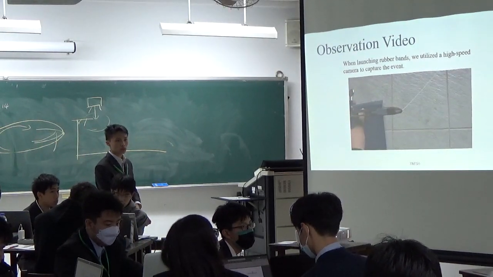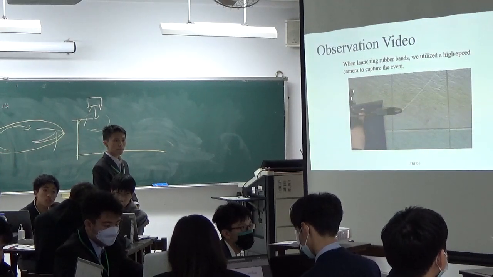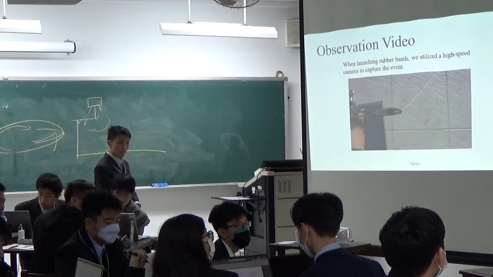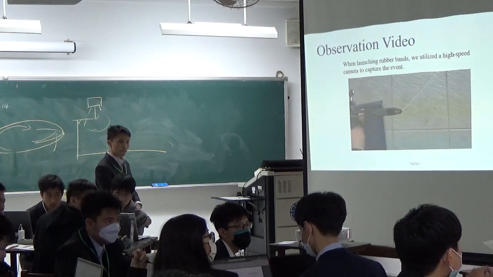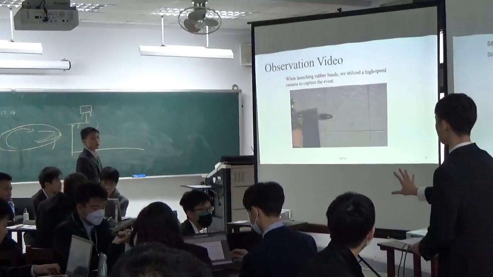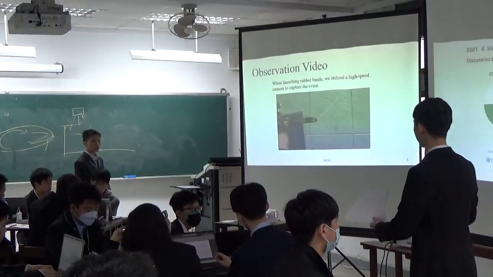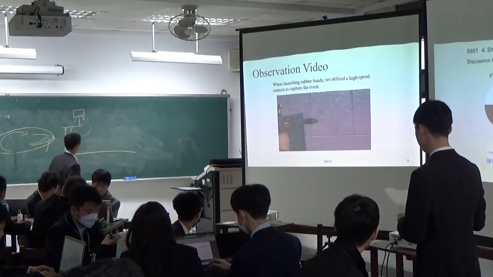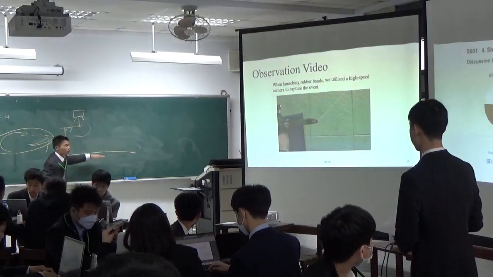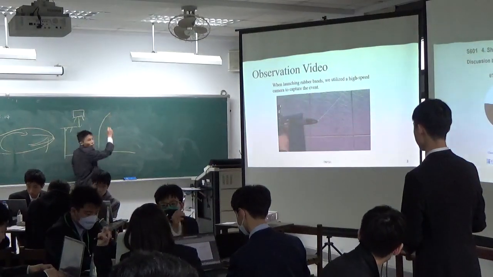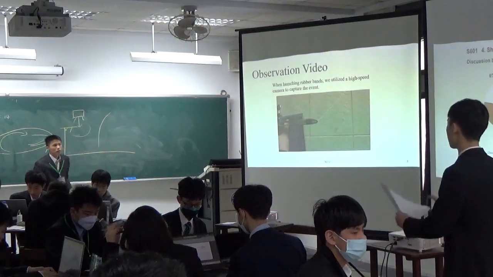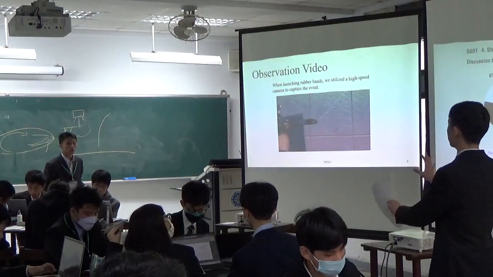Right. Okay, thank you. I think that when the rubber band is shot out, its direction will definitely change. So how can one camera capture all the information you needed? How can you trace the rubber band's position? You mean if my view is just from here to here, the rubber band will just turn?